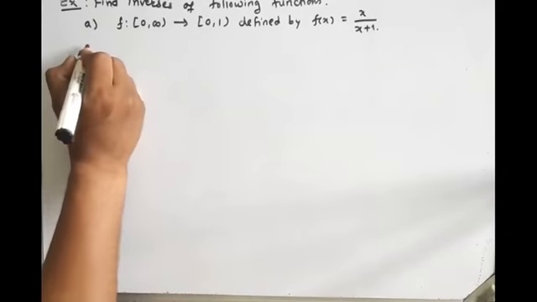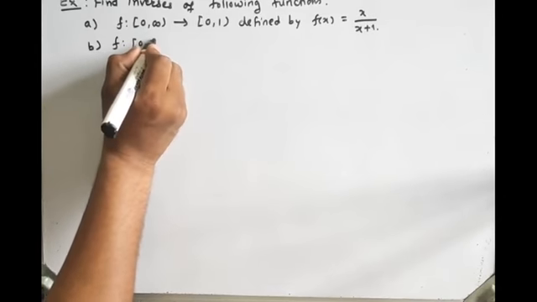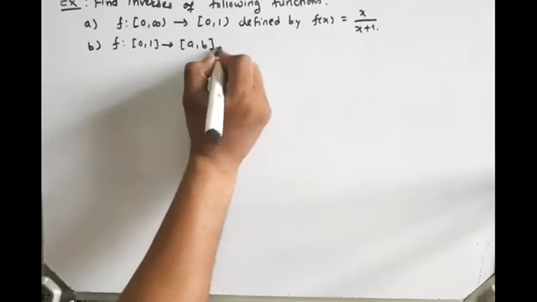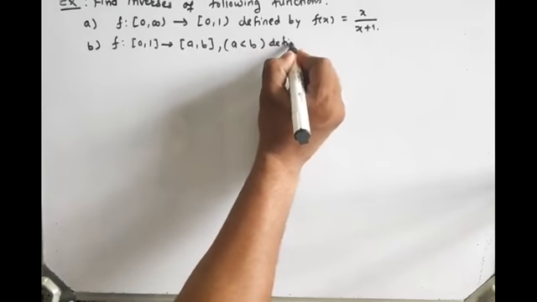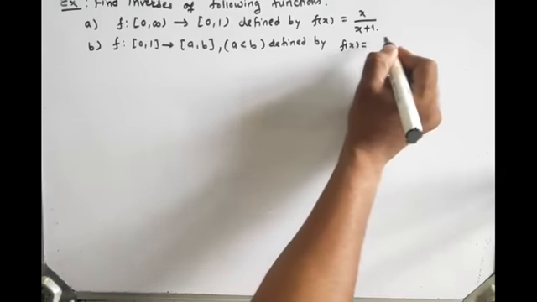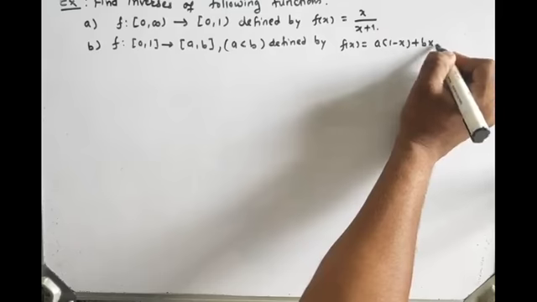And I will take the second function, f from closed interval 0 1 to closed a b, where a is strictly less than b, defined by f of x is equal to a into 1 minus x plus bx.